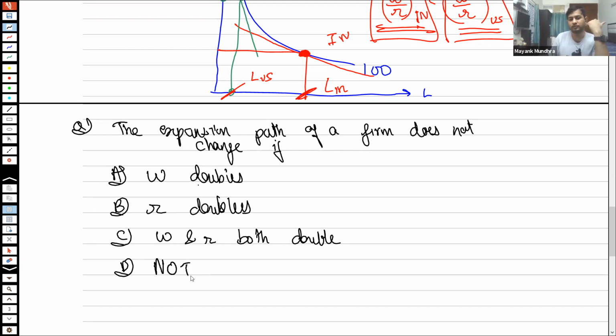So none of the above. Basically, it will change if any of these things happen. So what is going to be the answer?